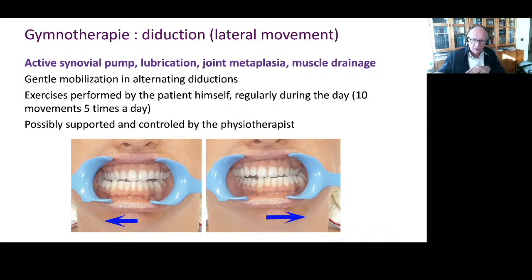Lateral occlusion is a patient movement without forces. And we have alternating movement on the right side and the left side. And so the synovial pump plays a very good role with translation and lateral occlusion.